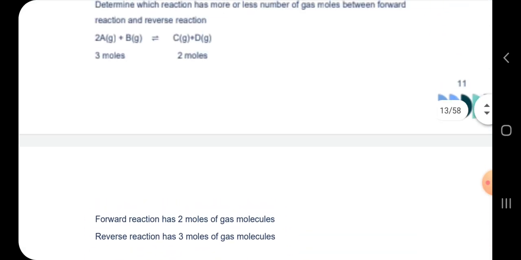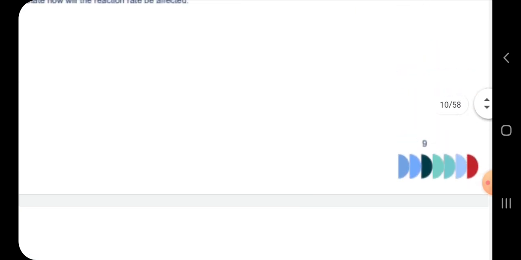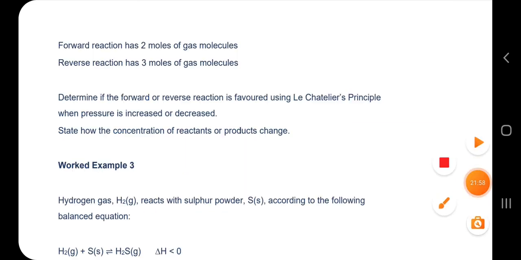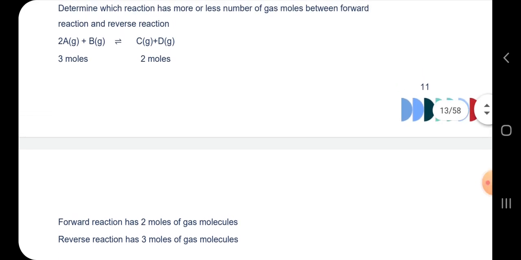So remember what we talked about with regards to pressure. Pressure of gases will not affect the position of equilibrium if there are equal numbers of moles of gases in reactants and products. So you see, a forward reaction has 2 moles and a reverse reaction has 3 moles.